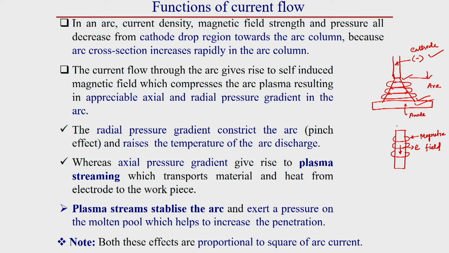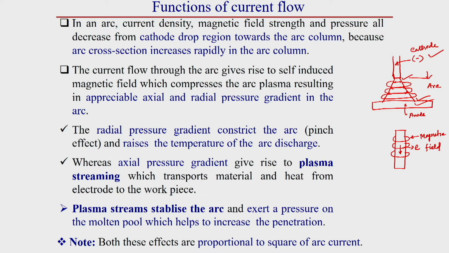The radial pressure gradient along the arc is responsible for constricting the arc. That means it prevents the arc from spreading, and it tries to compress the arc into a confined space.